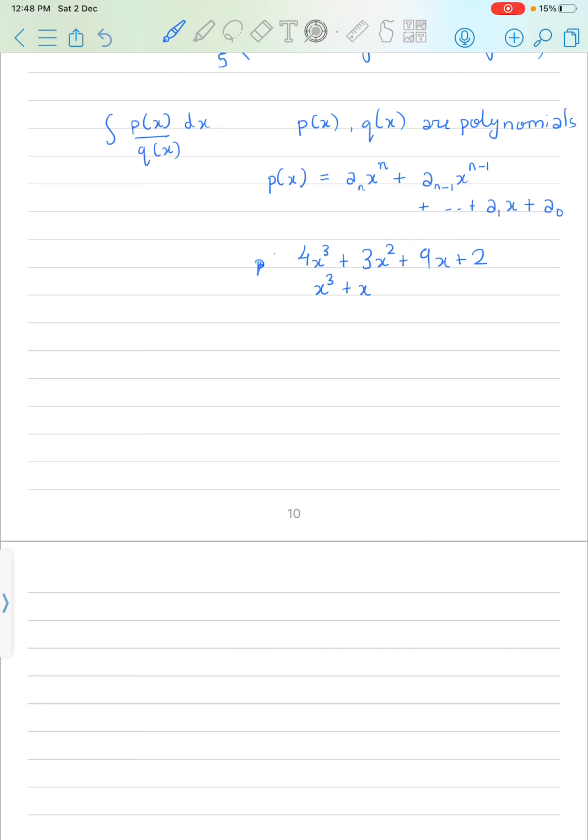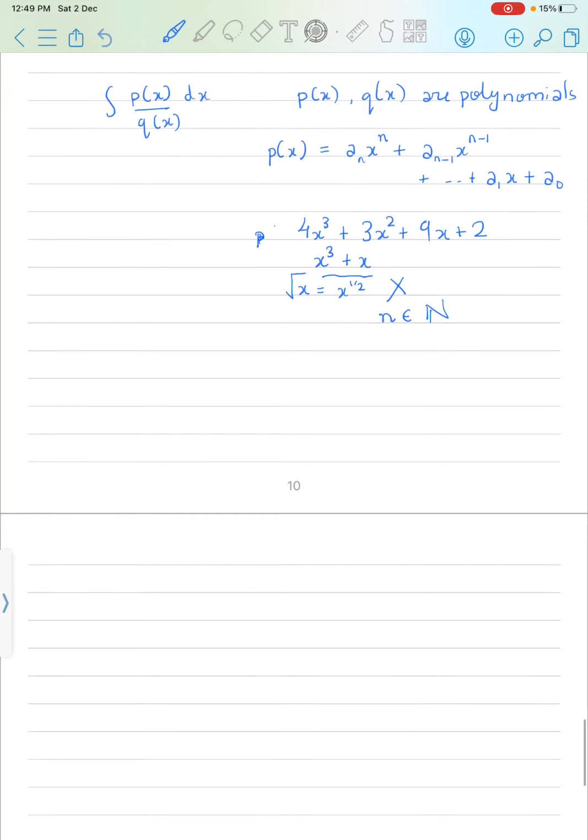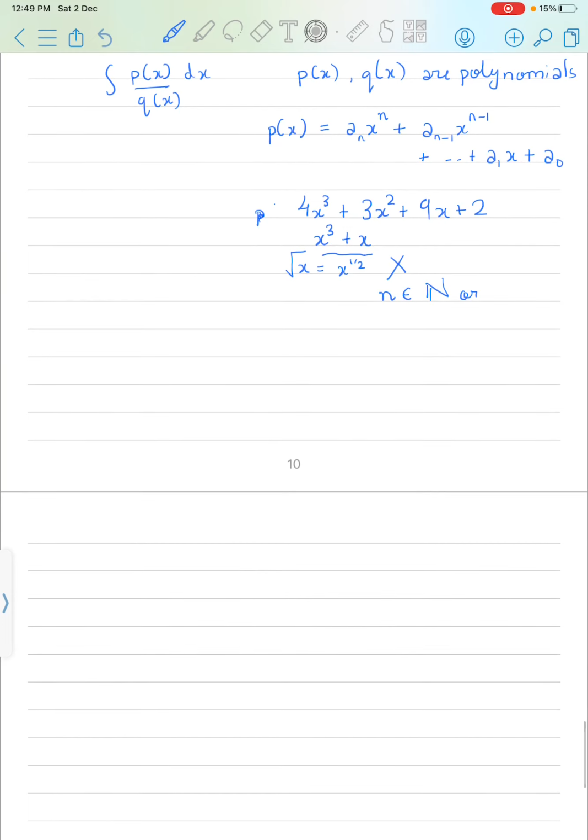Here a_2, which is the coefficient of x square, is 0, and a_0 is also 0, but a_3 is equal to 1 and a_1 is equal to 1. But x to the power half is not a polynomial. Here the n, whatever is appearing, should be a natural number, or it can also be 0.